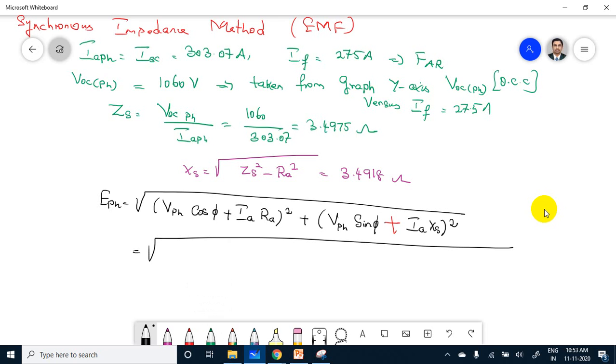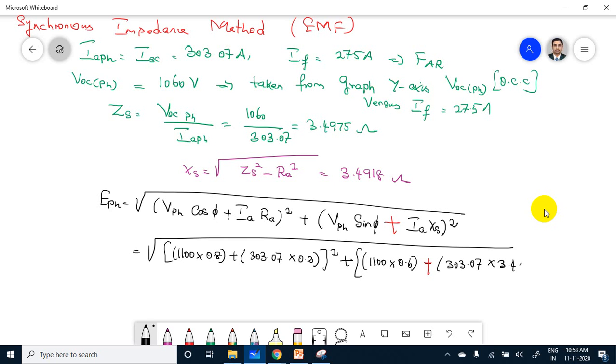Now substitute the parameters. Equal to square root of (V phase 1100 into cos phi 0.8 plus IA 303.07 into RA 0.2) whole square plus (V phase 1100 into sin phi 0.6 plus IA 303.07 into XS 3.4918) whole square.